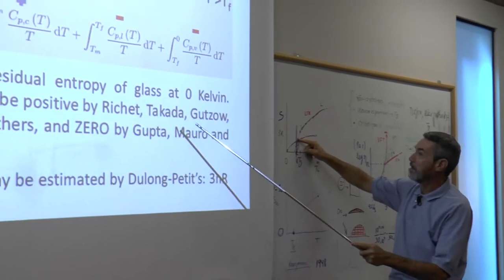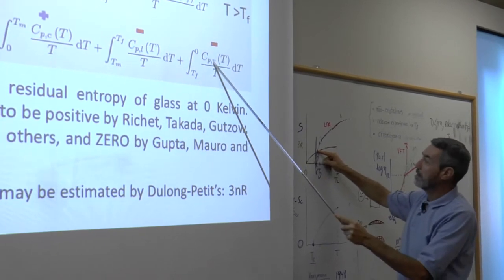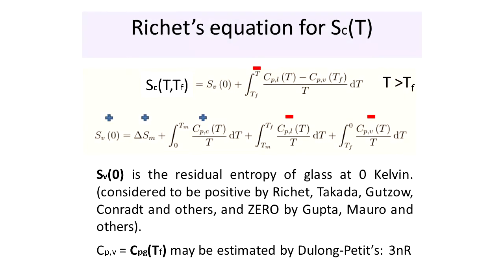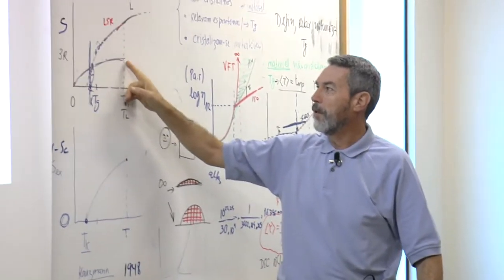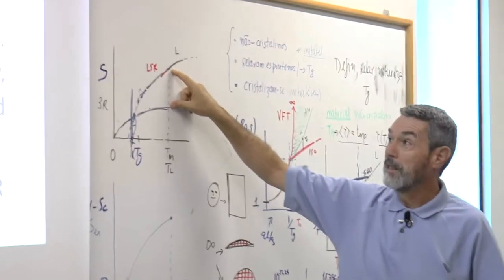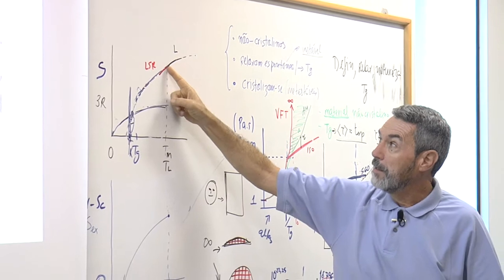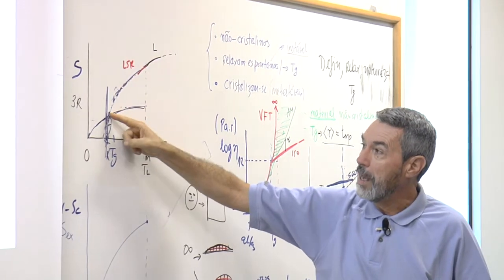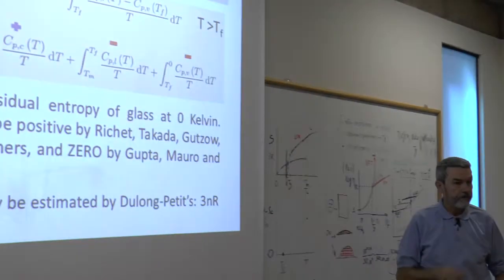Then we form a glass, plus from Tf to 0 of the glass, because here we have the glass. So this is the logistics, or the rationale, of this integral. From 0, crystal to the melting point, this is the melting entropy, then the liquid from the melting point to Tf, and then the glass from Tf to 0.